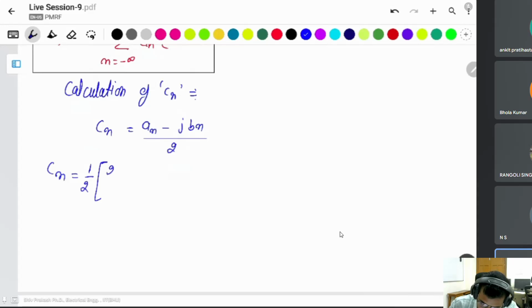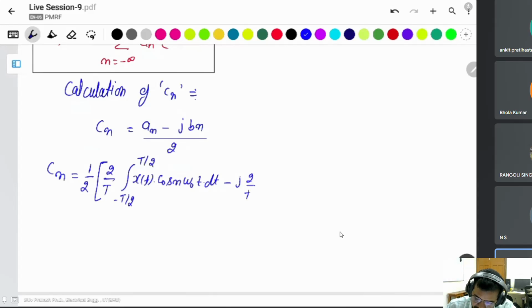An is 2 by T integration of minus T by 2 to T by 2 x(t) into cos of n omega naught t dt, minus j. This will be the Bn calculation: 2 by T integration of minus T by 2 to T by 2 x(t) into sine of n omega naught t dt.